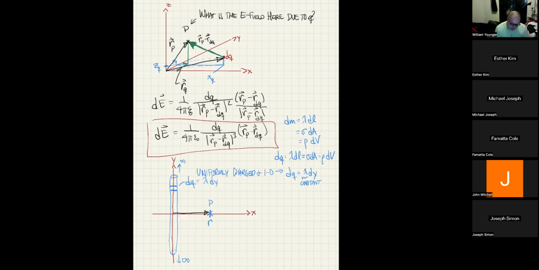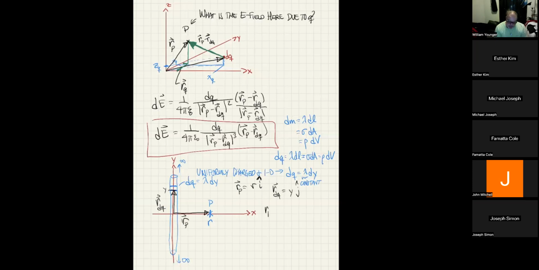So here's r_P. And this vector right here is r_dq. So I think you can see that r_P is clearly equal to just r times i hat, and r_dq, since this is up a distance y, is just y times j hat.